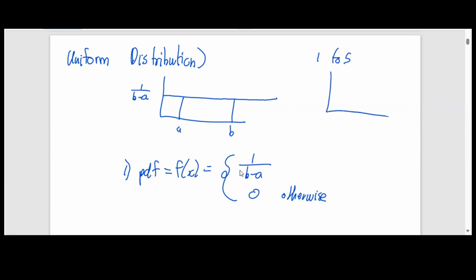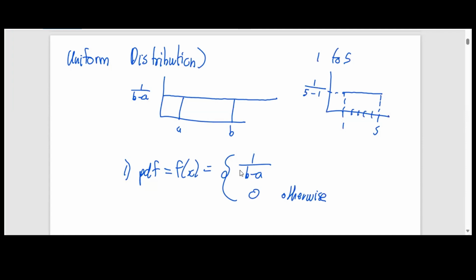When I draw my little PDF, it will be 1 here, and 5 here, and then it will just exist in between these two points. And it will be 1 over b minus a, which is 5 minus 1. So that will be the probability of all in between.